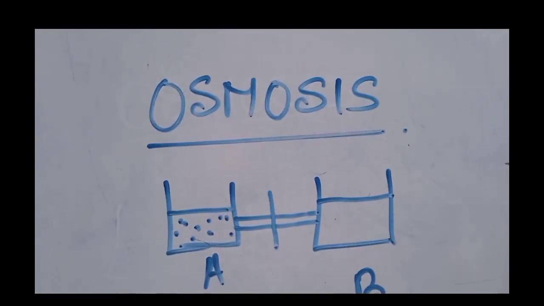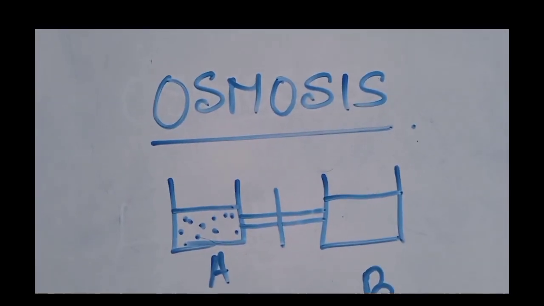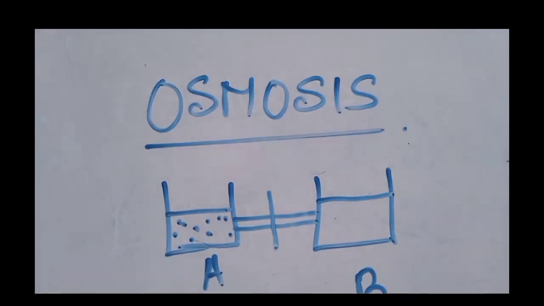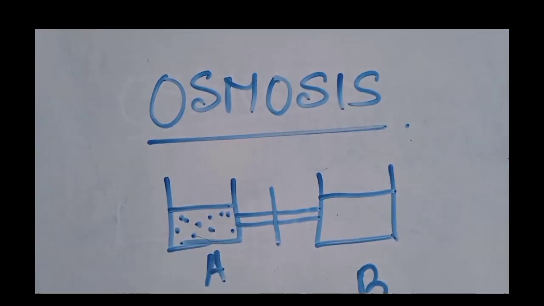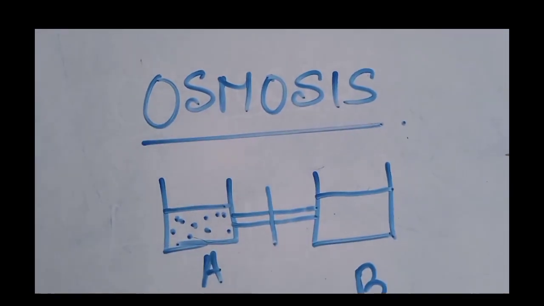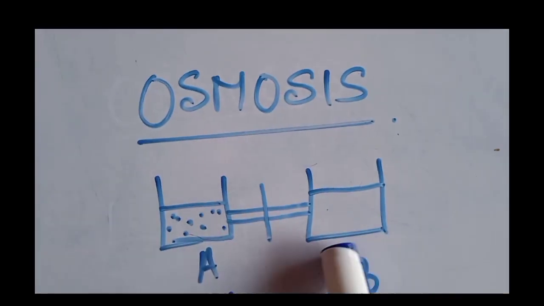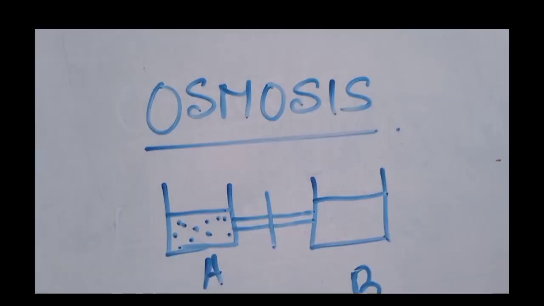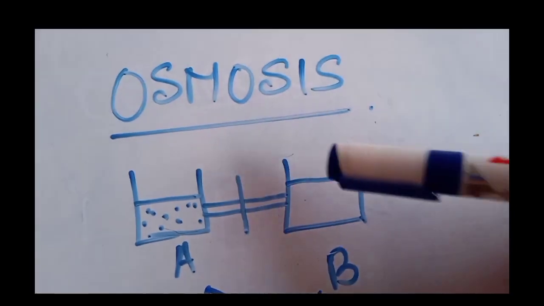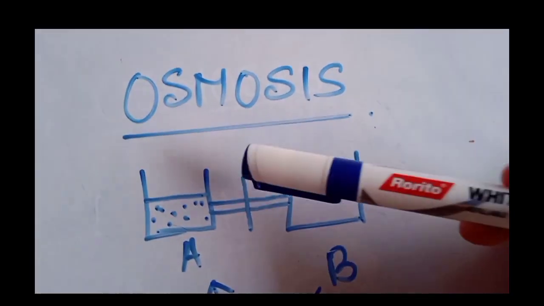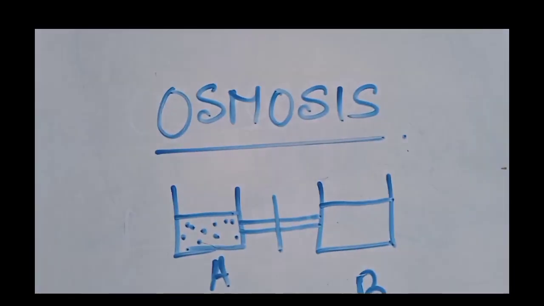Now, from which tank to which tank will the water move? Very good. It will move from B to A, and only the solvent particles, that is the water, will move from B to A, because a semi-permeable membrane is attached over here in the middle.